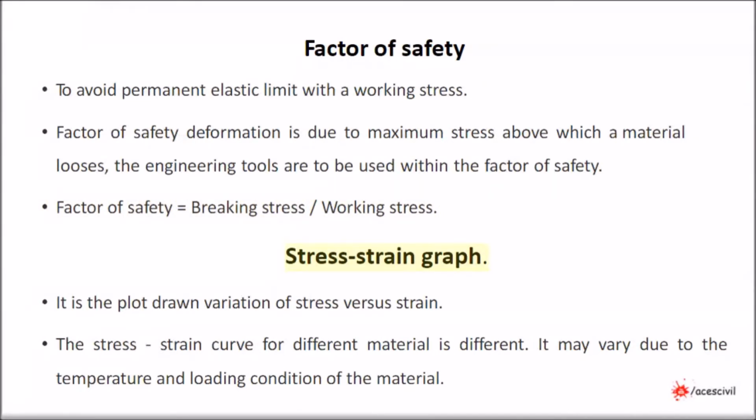Stress-strain graph. It is the plot showing the variation of stress versus strain. The stress-strain curve for different materials is different. It may vary due to the temperature and loading condition of the material.